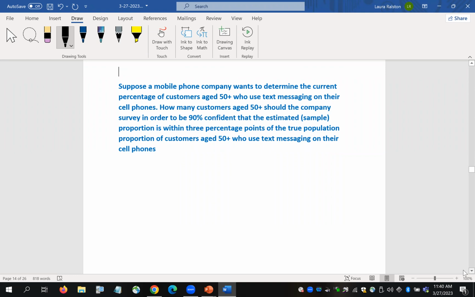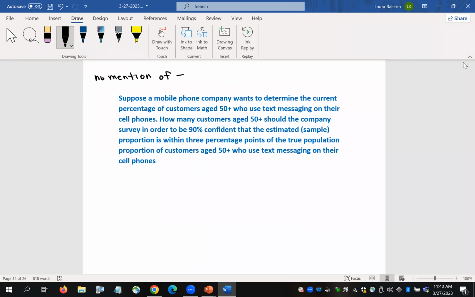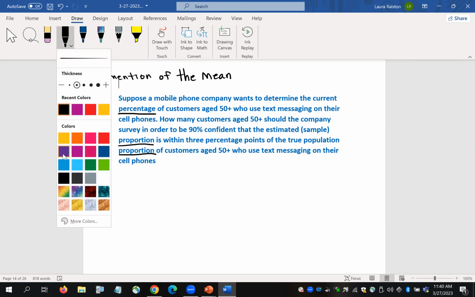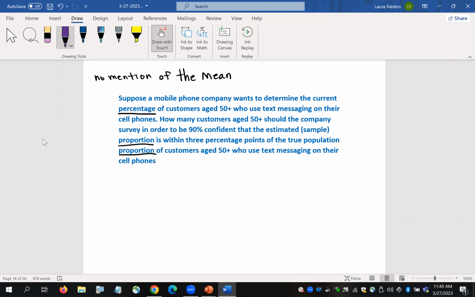Okay, couple of things to note here, guys. Notice again in this problem, there's no mention of the mean. In fact, several times it uses the word percentage or proportion. The other thing that jumps out at me as I'm reading through this problem is it says, how many customers?